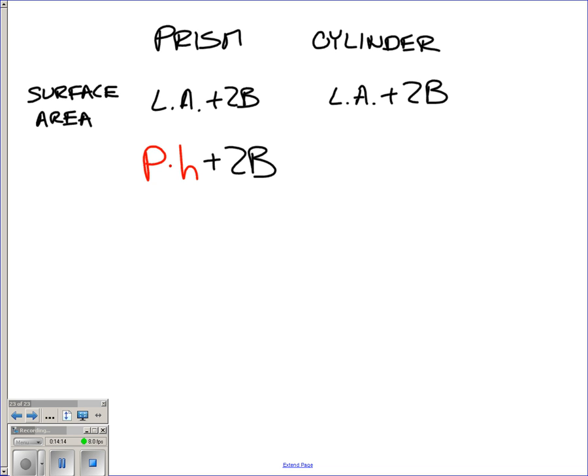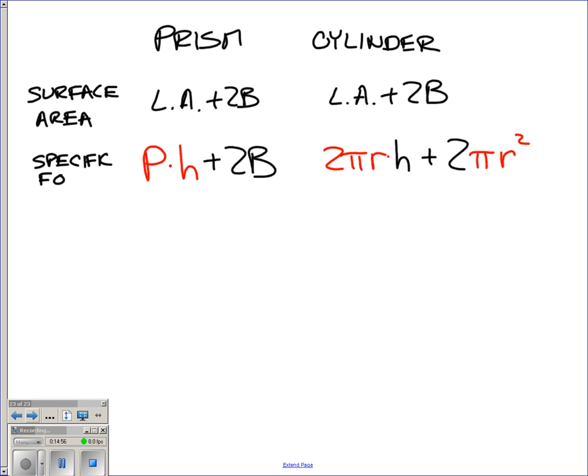The perimeter of a circle, because a cylinder has a circular base, we don't just say perimeter, we say circumference. The circumference is 2 pi r times the height of the prism, plus 2 times, well again, the area of a base. If your base is a circle, and that's what it is for a cylinder, this is going to be pi r squared. That's the most specific that you can get for a cylinder, and the most specific that you can get for a prism, all right? That's the specific form of the surface area.